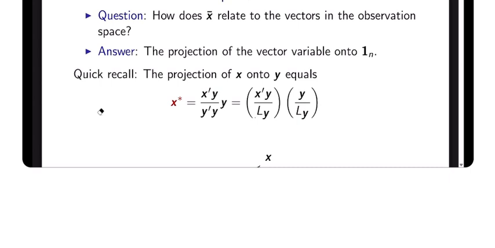Now, please pay attention. I want to come into the basic measures now. In univariate statistics, we have the law of large numbers. The law of large numbers enables us to understand that the sample mean converges to the population mean, right?